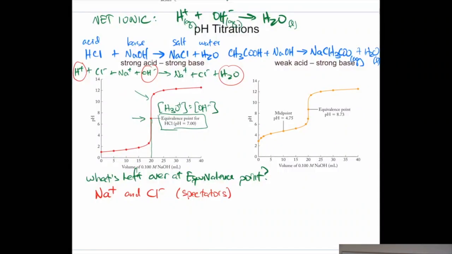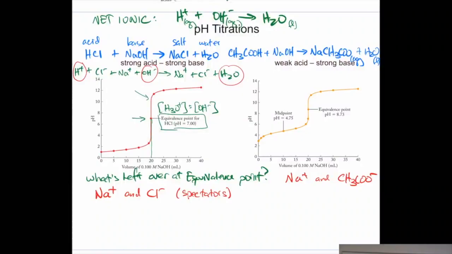What's left over at the equivalence point? Sodium and acetate. That's right.